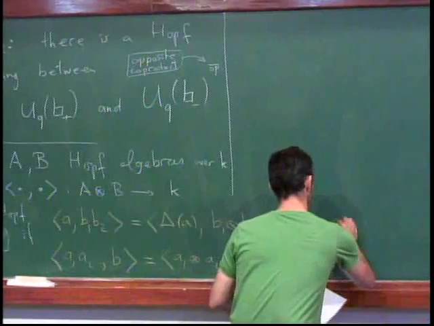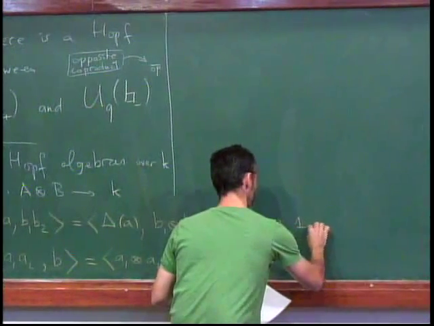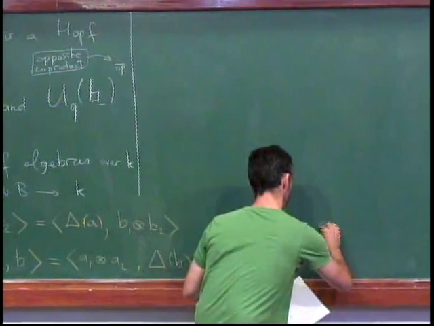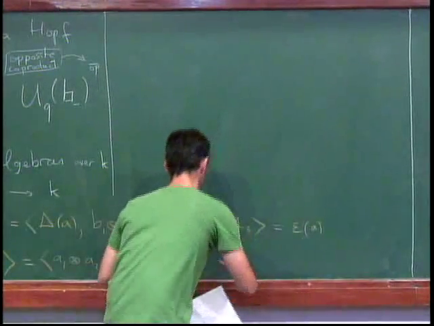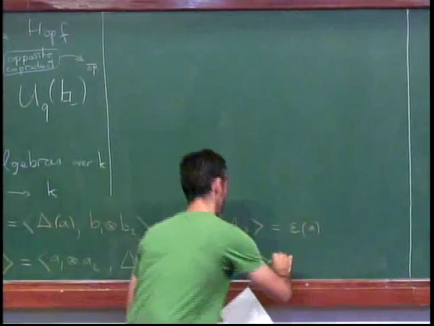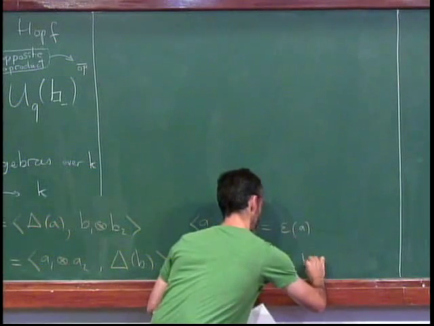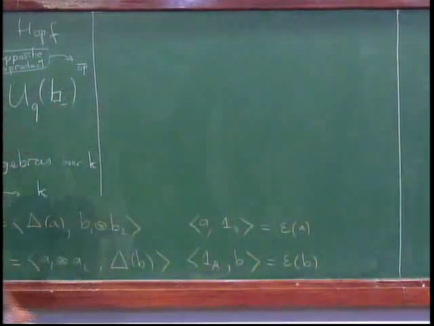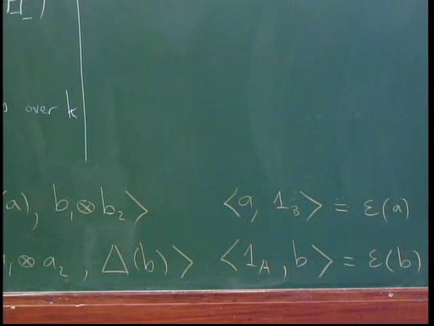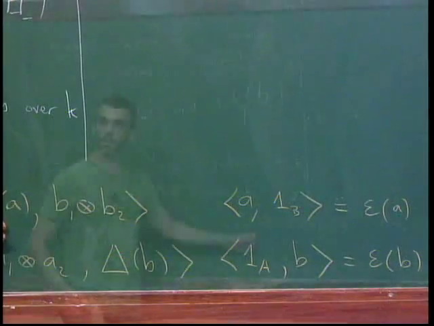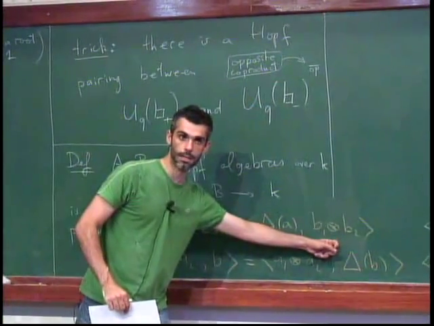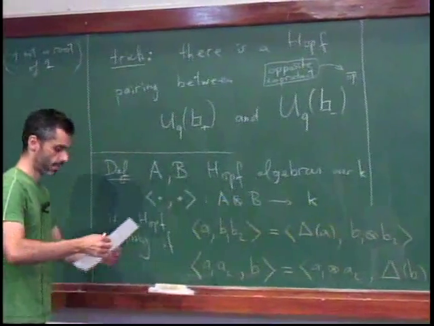So A paired with a unit element of B is epsilon of A, and the unit element of A paired with any element B is the co-unit on B. And then finally, I need to explain what I mean by this notation. And this is a pairing between A tensor A and B tensor B. What is that pairing?